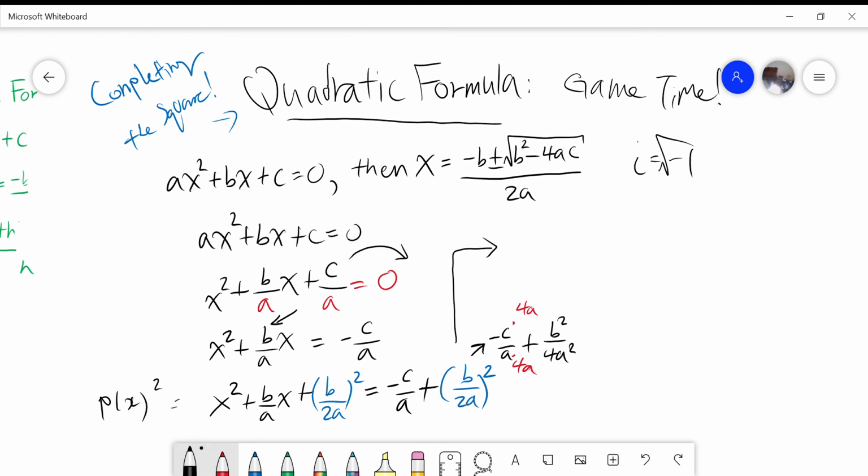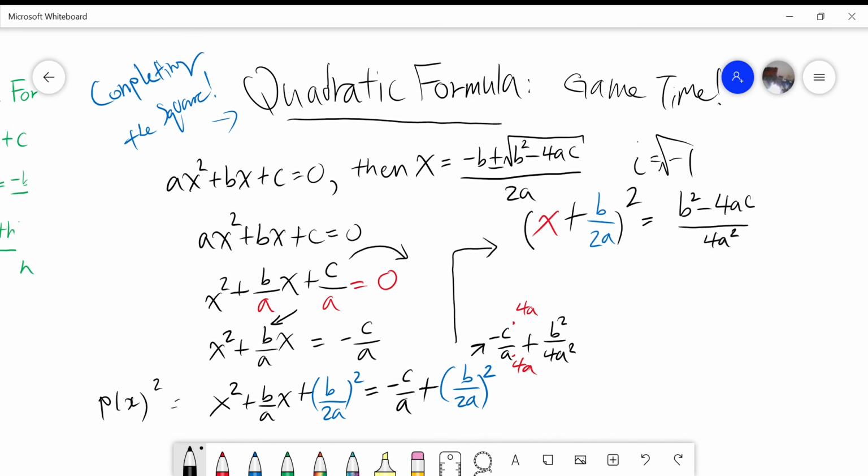Alright, so let's do this. This right over here actually gives us x plus b over 2a squared, and the right hand side we are left with b squared minus 4ac over 4a squared.